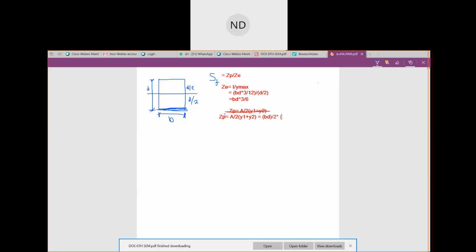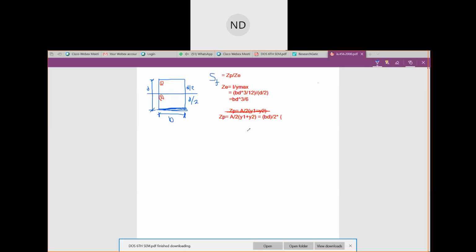Now what are Y1 and Y2? Suppose we consider this portion to be member 1 and the next portion to be member 2.